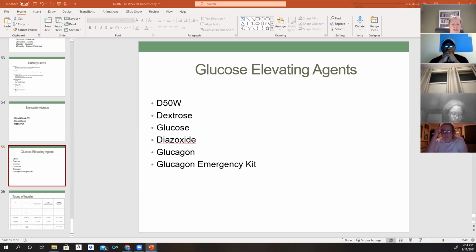Usually, as part of your order set in your MAR, which is your medication administration record, where all your medications are, you'll have your insulins, the schedules that you give them, your sliding scale, but then you'll also have under your PRN tab these glucose elevating agents. The doctor usually decides which one, and the one that I see most is the D50W or the dextrose.